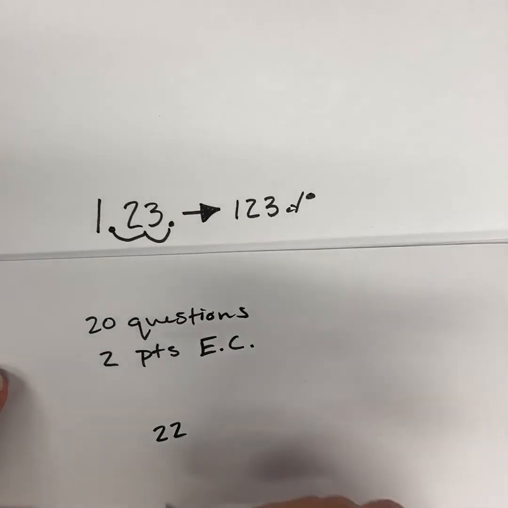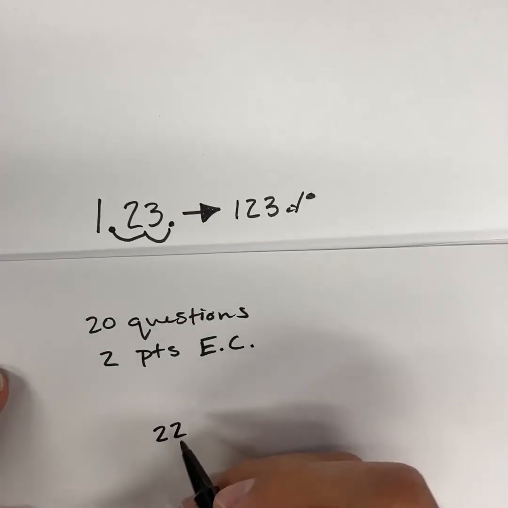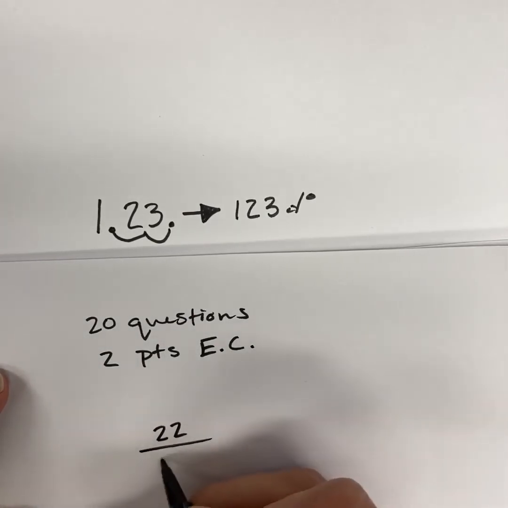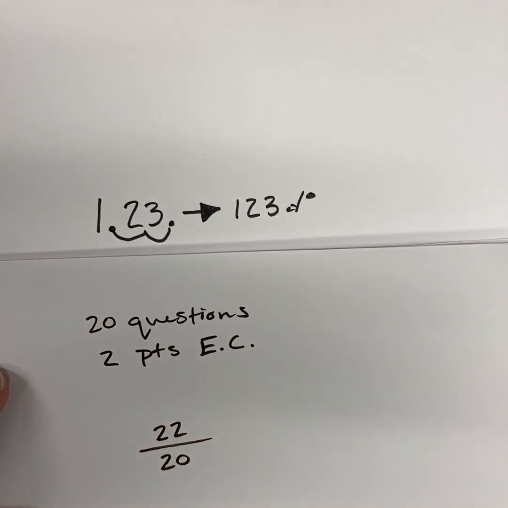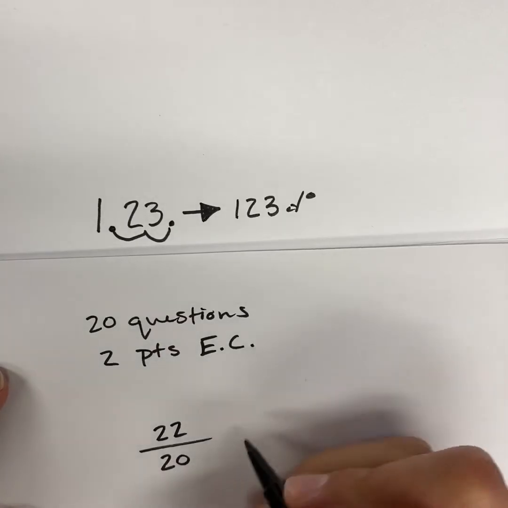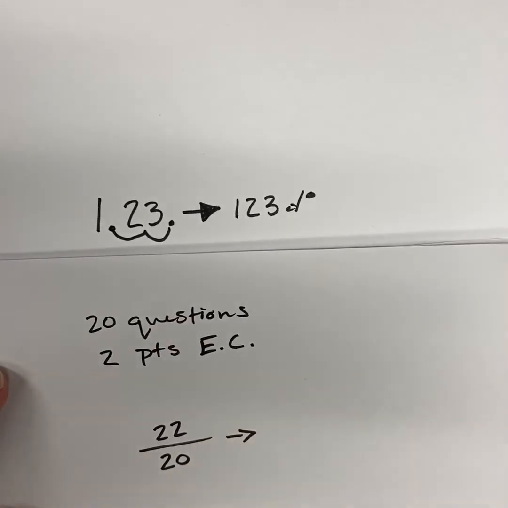Well, my total number of points that I'm going to be grading on is out of 20. So you actually got 22 points out of 20. This actually means that you got more than 100% of the points on the test. And we could go ahead and find this percentage. We could plug this into a calculator.